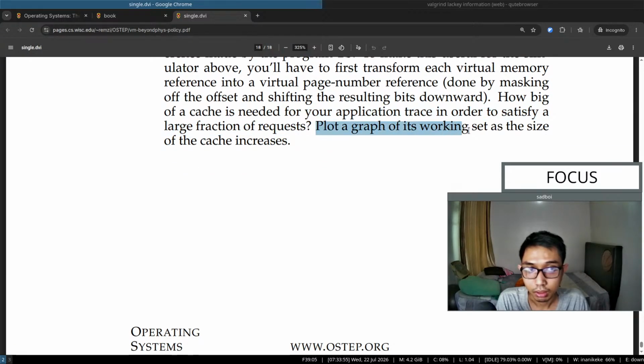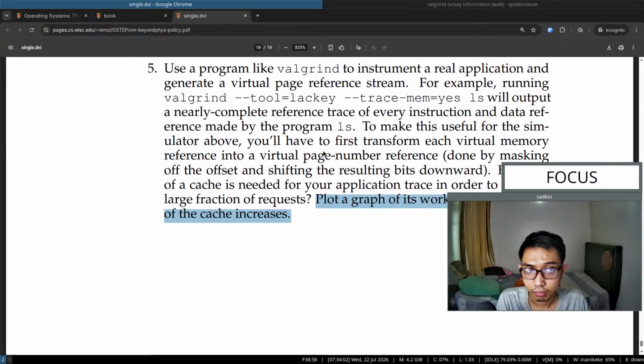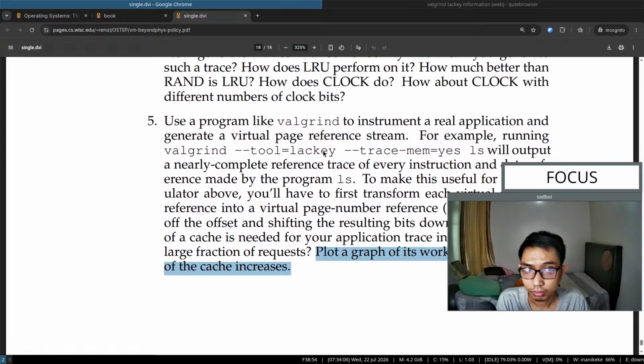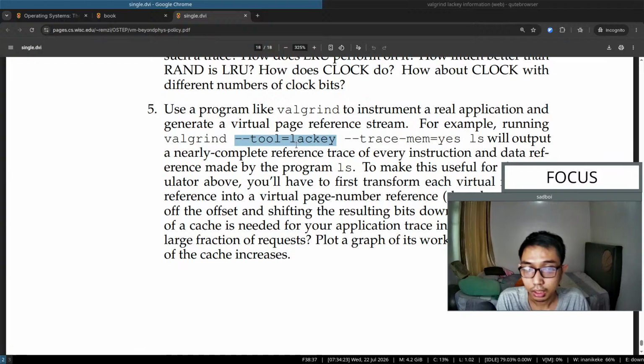Plot a graph of its working set. A reference trace of every instruction and data reference made by the program ls. Yeah, I'm still not sure about the Valgrind Lackey tool here.